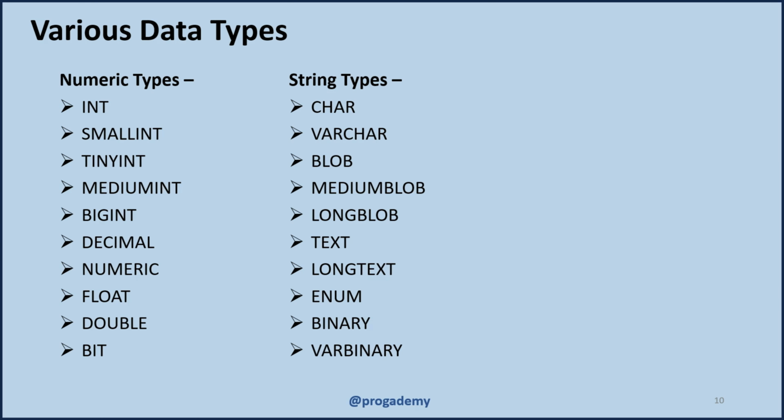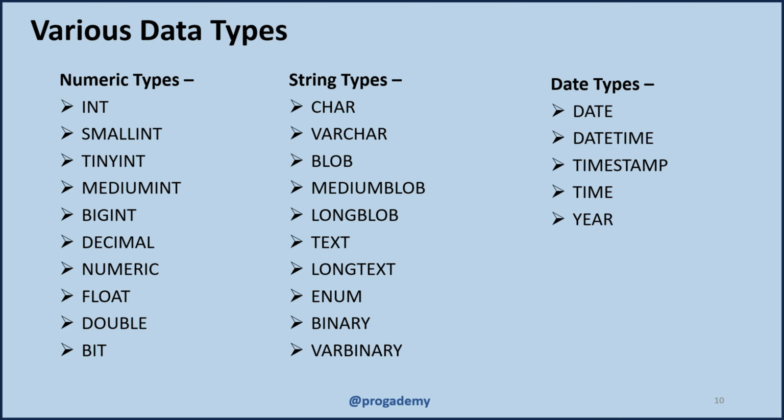Then date types come into the picture, where we store a date, we store date plus time both, where we store a timestamp, where we store only time or year.